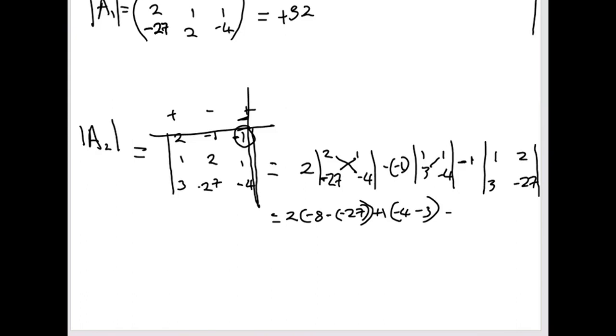Then -1 comes here. 1 times -27, -27 minus 3 times 2, 6. Okay, this will give us 2 times -8. This minus minus is plus, so -8 plus 27 is 19.